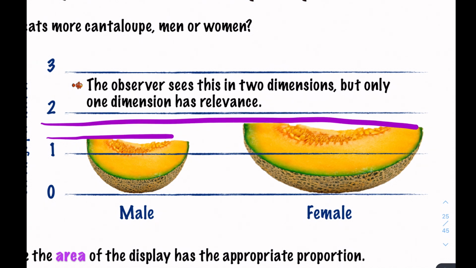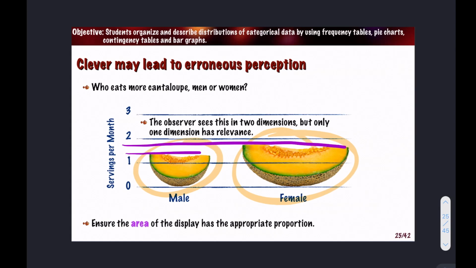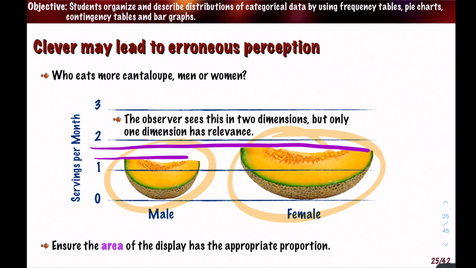You can see that they're different, but what takes your eyes are the sizes of the cantaloupe. The observer sees everything in 2 dimensions, but the only relevant dimension is the height of each of these. So you have to ensure that the area principle of the display has an appropriate proportion.